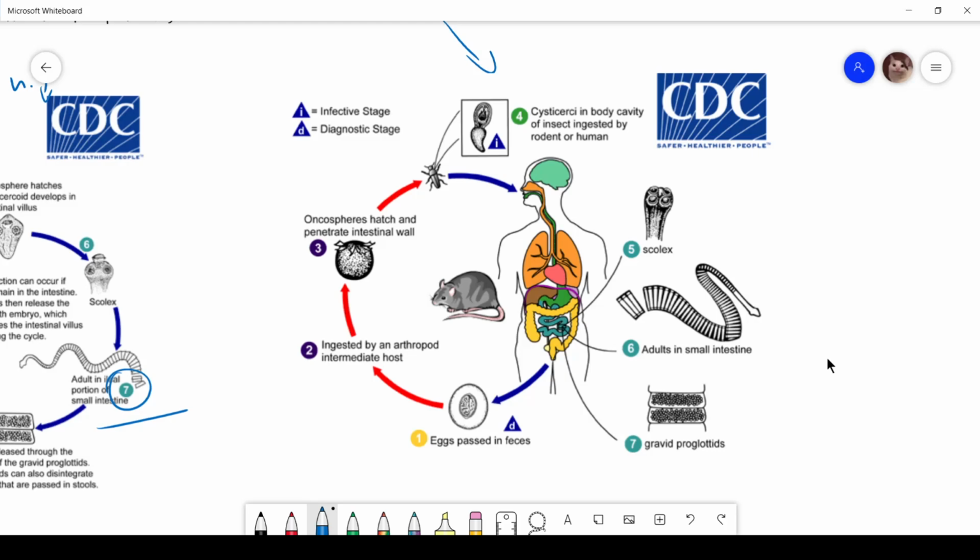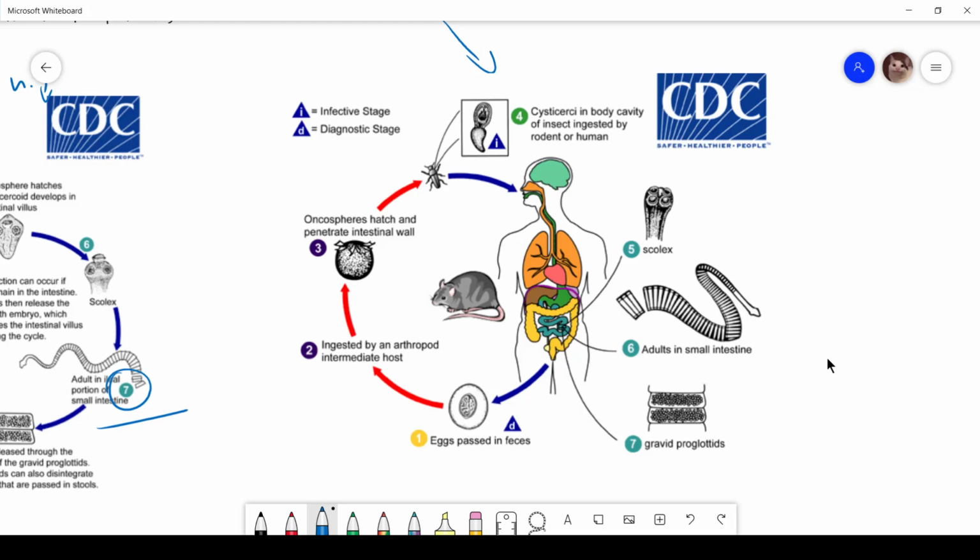Using the 4 suckers on the scolex, the parasite attaches to the small intestine wall. Maturation of the parasite occurs within 20 days, and the adult worms can reach an average of 30 centimeters in length. This parasite is larger than Hymenolepis nana, and you will see this on a photo. I will show you it later.